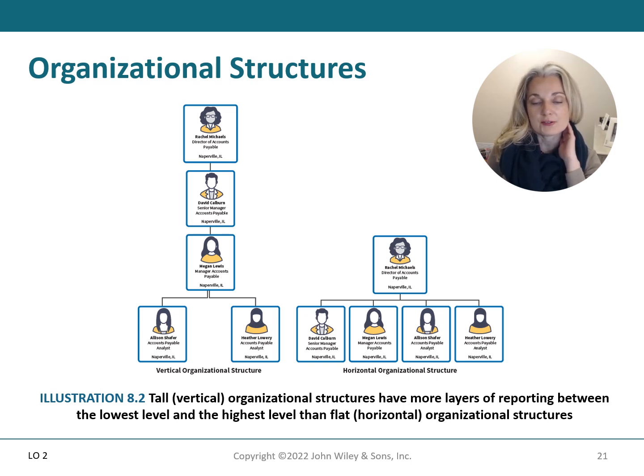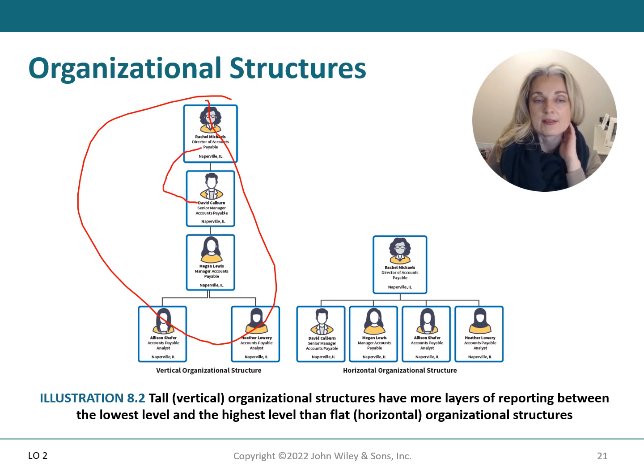Here is our example of a vertical structure, or a very hierarchical structure, where we have a director, then we have a manager, then we have another manager. So we have a senior manager, a regular manager, and then we have these employees who are analysts.